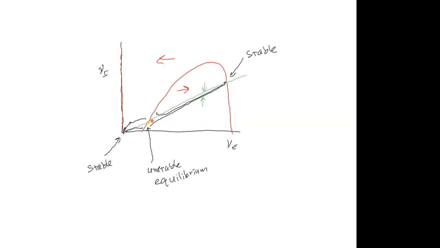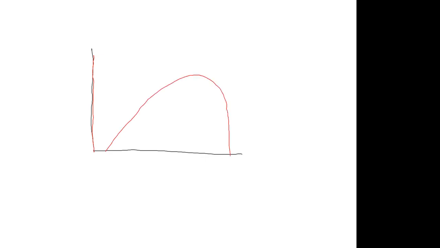It is actually possible, but not that easy. So here's our excitatory nullline. And if we draw our inhibitory nullline like this, as we'll see, this can be stable.